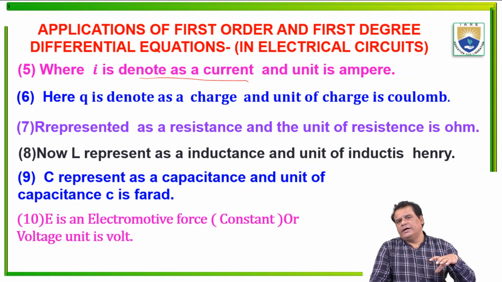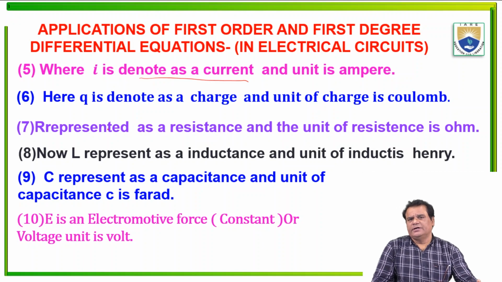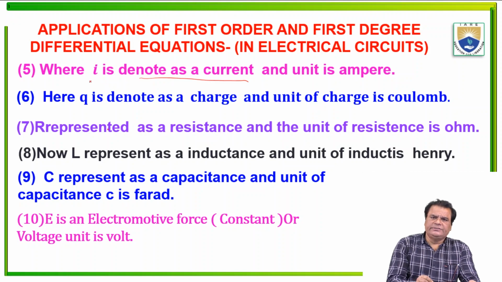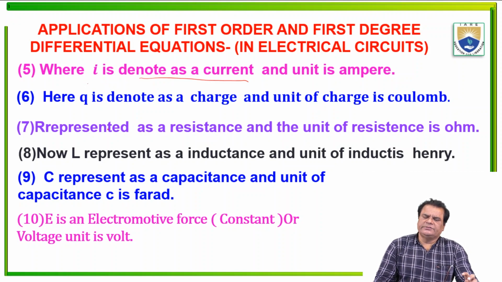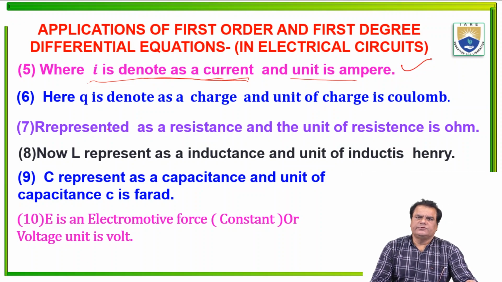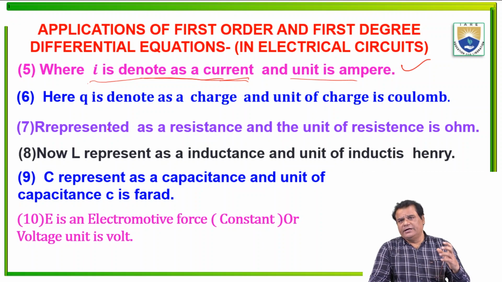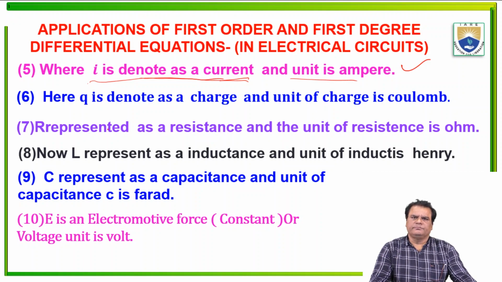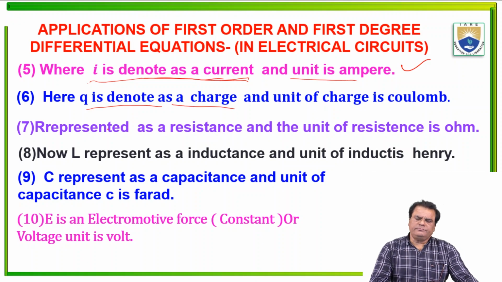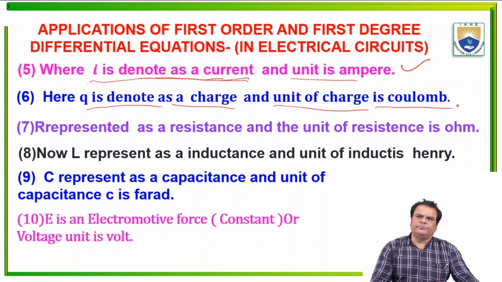Now I want to tell you about the units of some terminology. Here, I is the current, and the unit is ampere. I is always measured in ampere. Q denotes charge, and the unit of charge is coulomb.